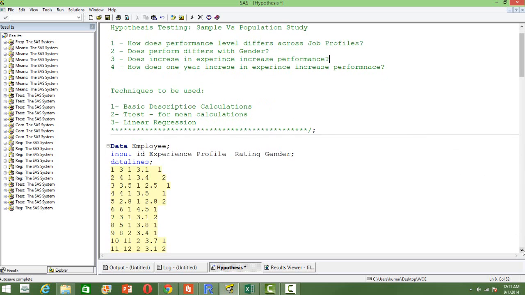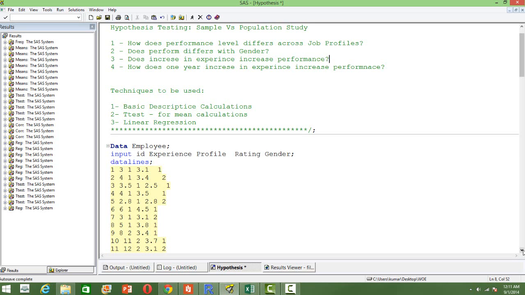All these hypotheses can be tested using a sample data set, and we can make a conclusion about the population data. Population data means the entire group of employees. For example, if you're doing a study for an IT company, say Infosys, which has about 1.5 lakh employees, you cannot do a study on 1.5 lakh observations because it's difficult to collect data.